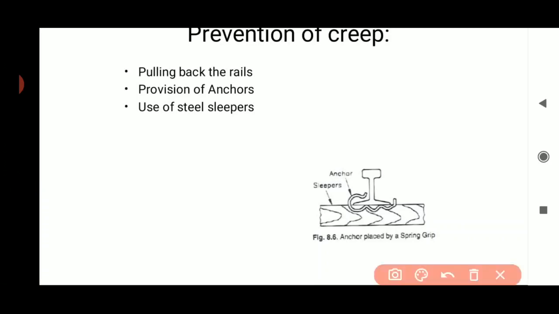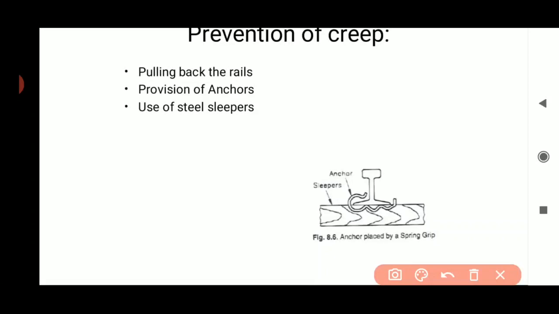Then the next method is use of steel sleepers. Generally, increasing the number of sleepers also helps in the prevention of creep. The prevention of creep also depends upon the type of sleepers we are using in the railway track. Sleepers should be of such a type and with such fittings that they effectively prevent the rail from creeping on them.